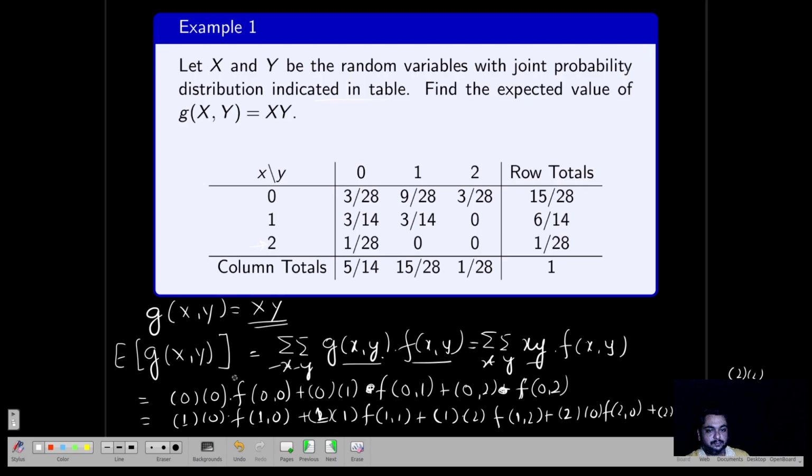The f values are already given, so substitute them and then find it. I think we'll get it as 3 by 14.